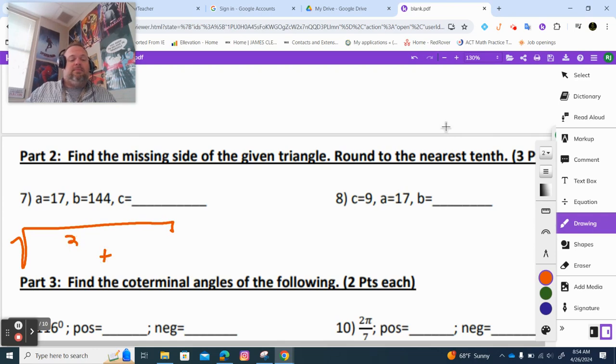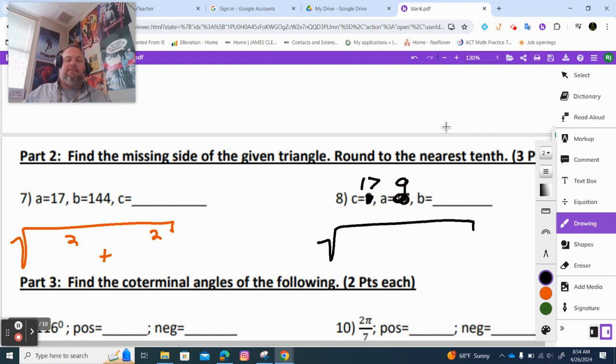Dang it, these should be different. This should be 17. This should be 17. This should be 9. What I was reading it off of had it a different way. That's my bad on that one.